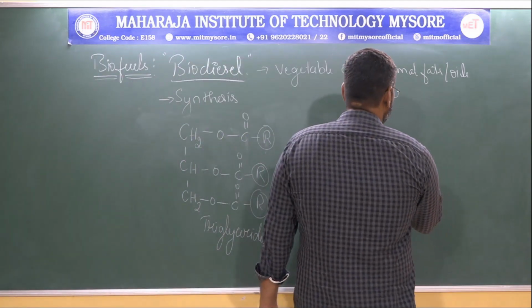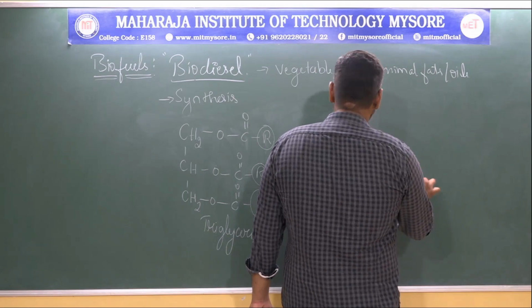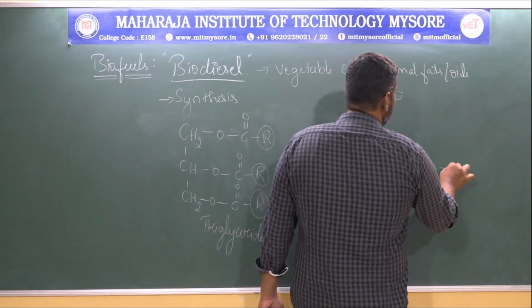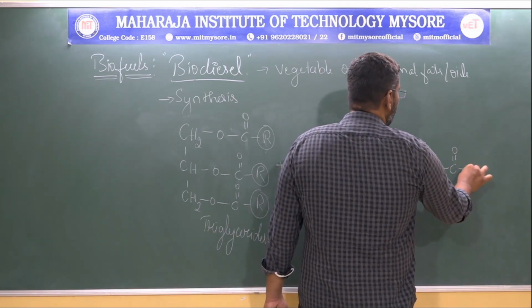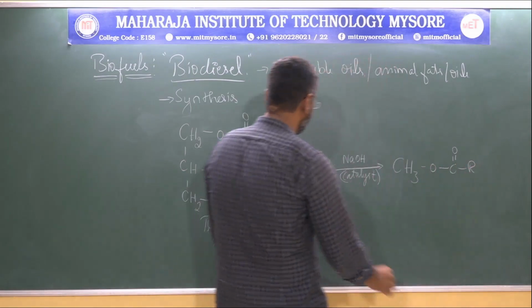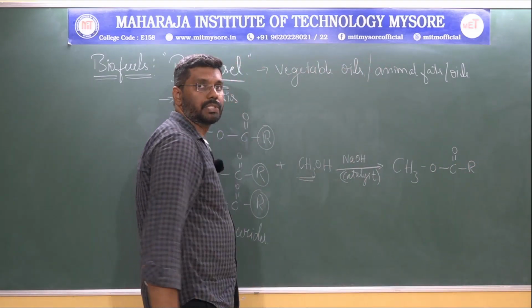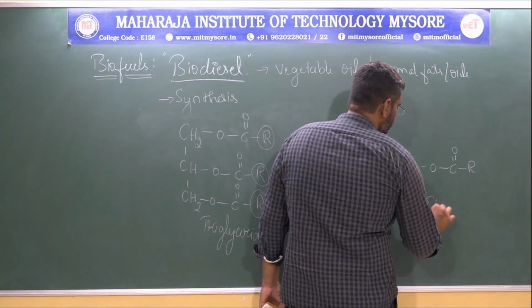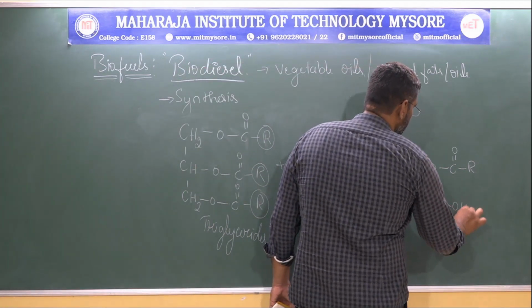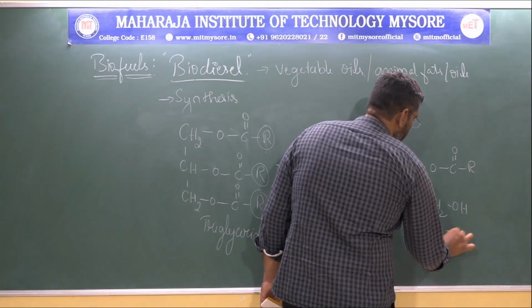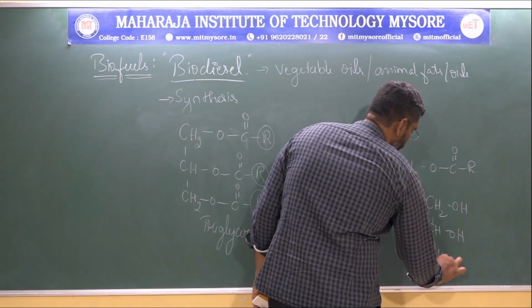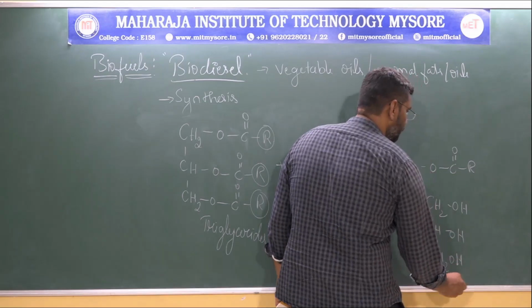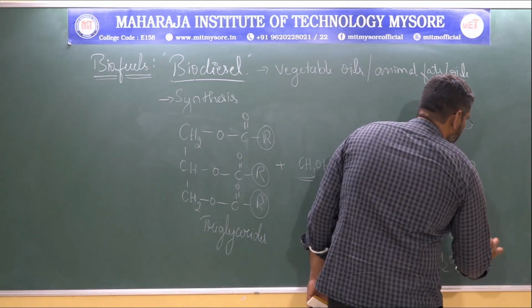So the final product which we can expect here is CH3O C double bond O R, which gets combined with a methyl group, CH3, along with formation of CH2OH, CHOH and CH2OH, which is nothing but glycerol.